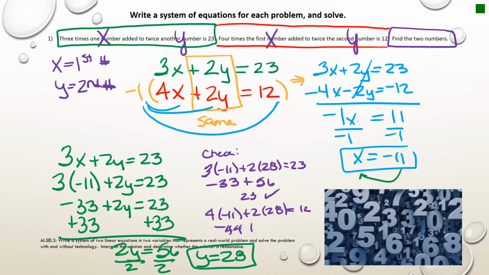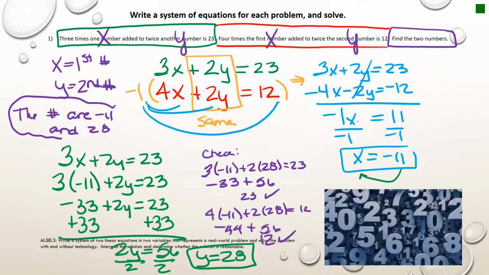Does -44 plus 56 equal 12? It does. So if I had room, I'm so out of room, oopsie doodles, I would write the numbers are -11 and 28, and that is your final answer.